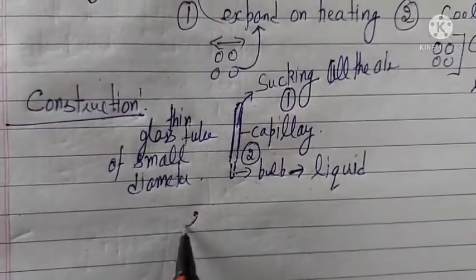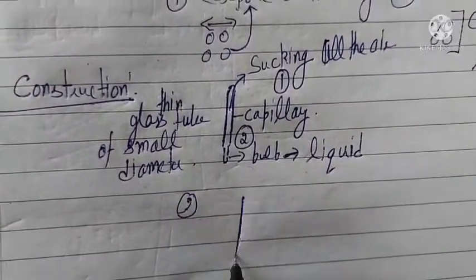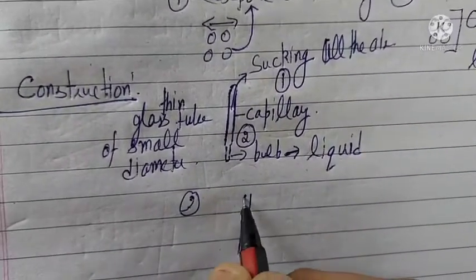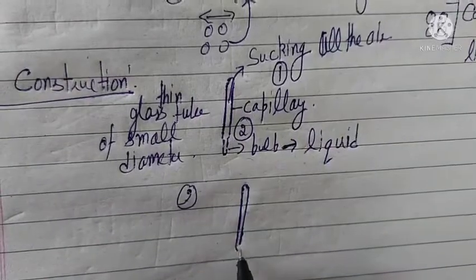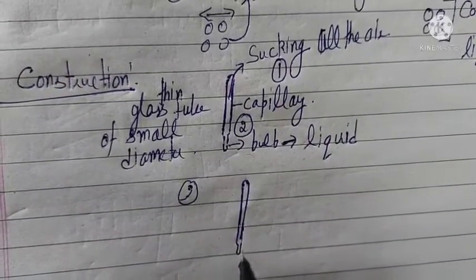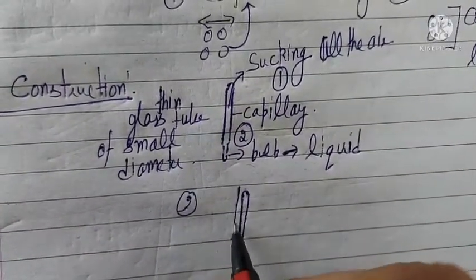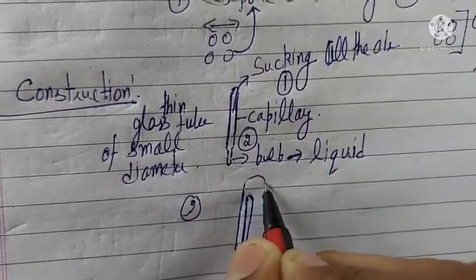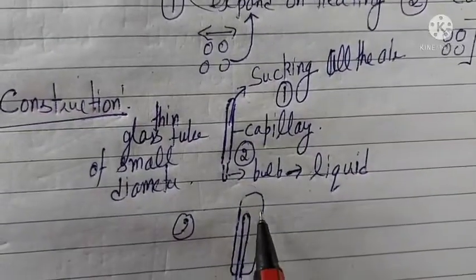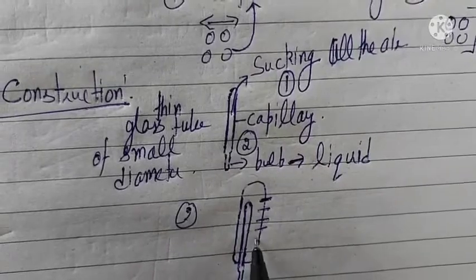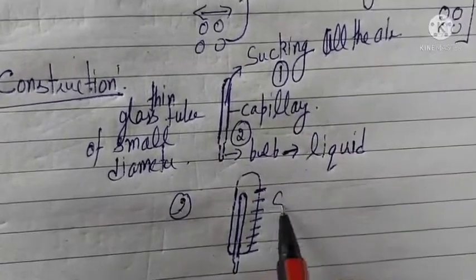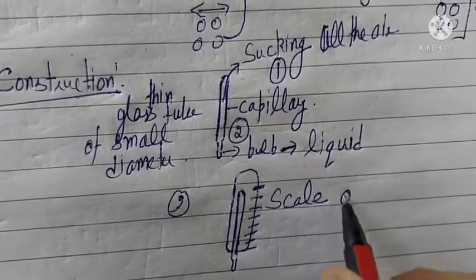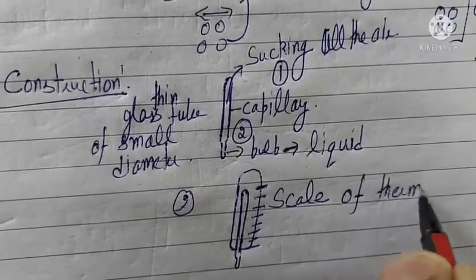The third part is that this small capillary tube is surrounded by a glass tube of higher diameter, on which some marks are present. That is mainly the scale of the thermometer.